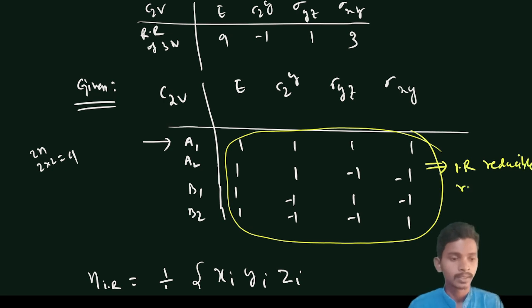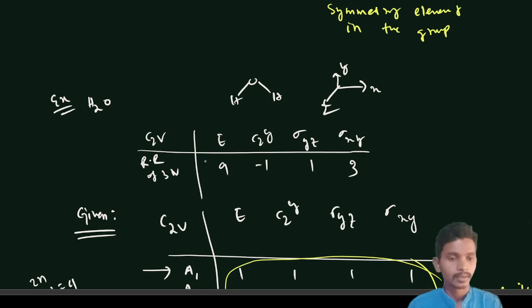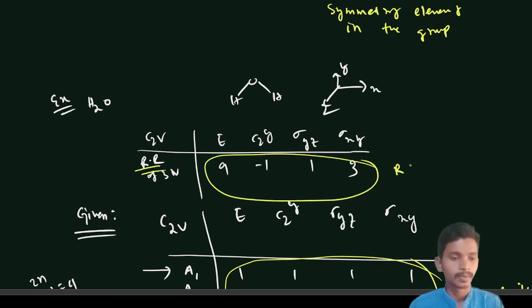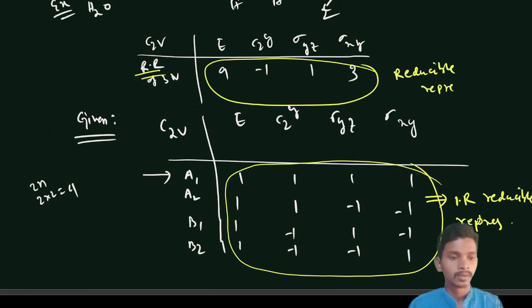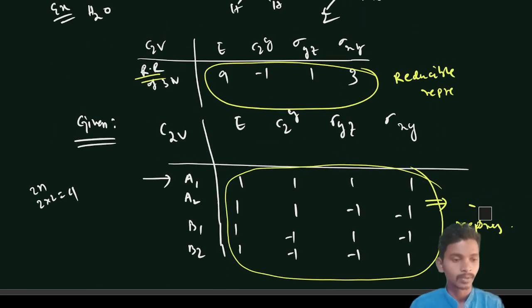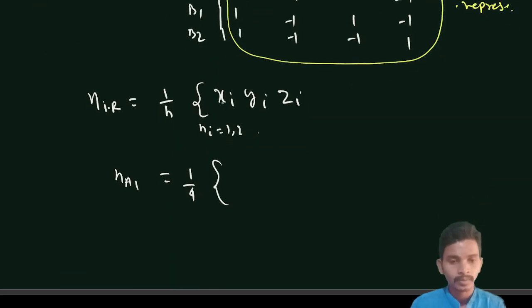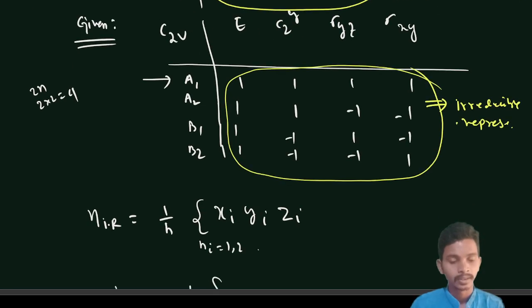These are the irreducible representations, and these are the reducible representations.